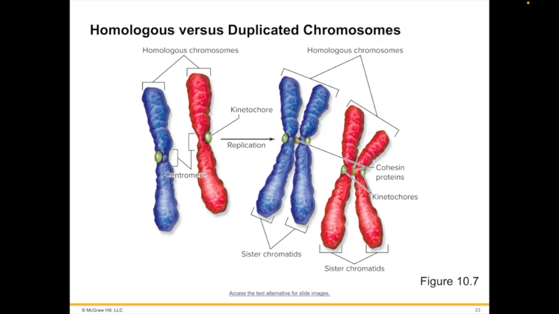So we have homologous chromosomes there on the left, and then again homologous chromosomes there on the right, and that is upon replication. The fact that the products of replication are held together is critical to the division process. At the end of the division process, each cell must have a complete set of chromosomes.